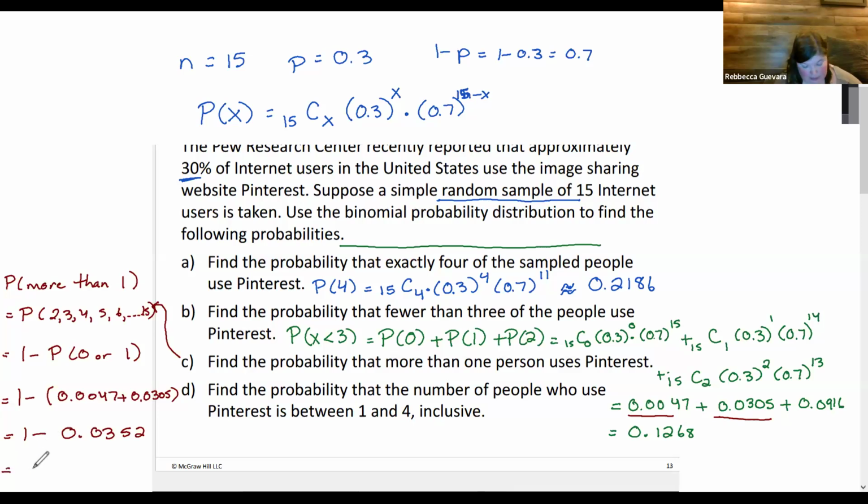So that's going to leave me with a probability that more than one person uses Pinterest, that's 2 people, 3 people, all the way up to 15 people out of 15, is actually going to be 96.48, or 0.9648 as a probability.